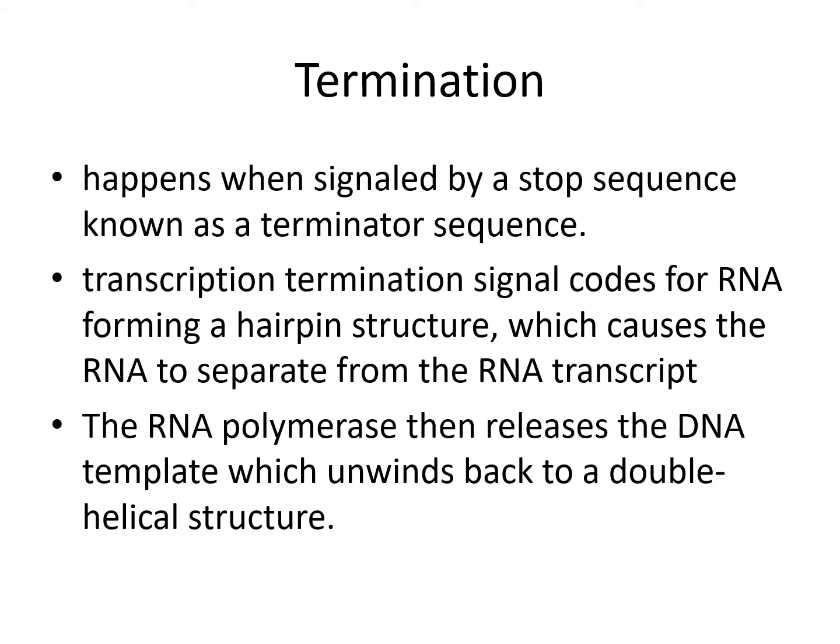In bacteria, the transcription termination signal codes for RNA forming a hairpin structure, which causes the RNA to separate from the DNA template, finally ending the transcription process. The RNA polymerase then releases the DNA template, which unwinds back to a double helical structure.